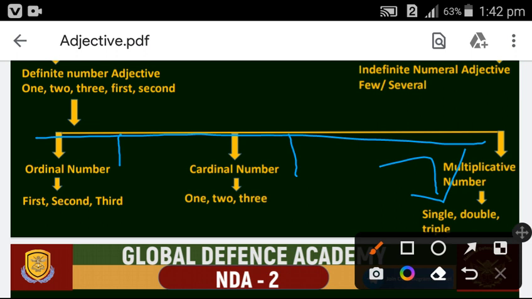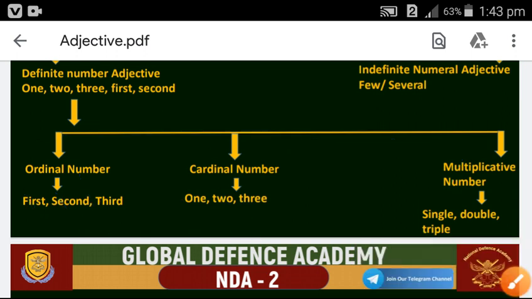What is ordinal number? First, second, third, fourth, fifth are all considered ordinal numbers. And then what is called cardinal number? 1, 2, 3, 4, 5 and many more are considered cardinal numbers. And the third is, as per its definition, multiplicative number.